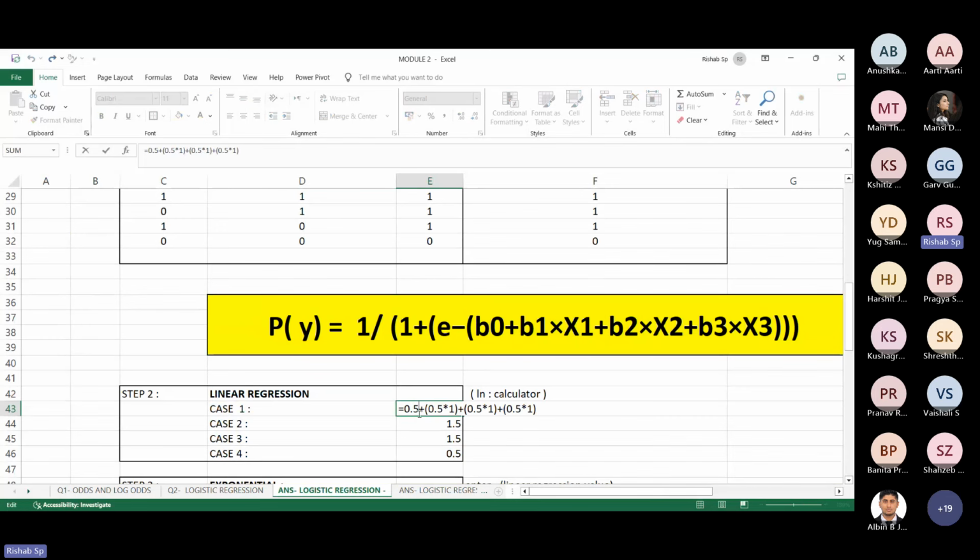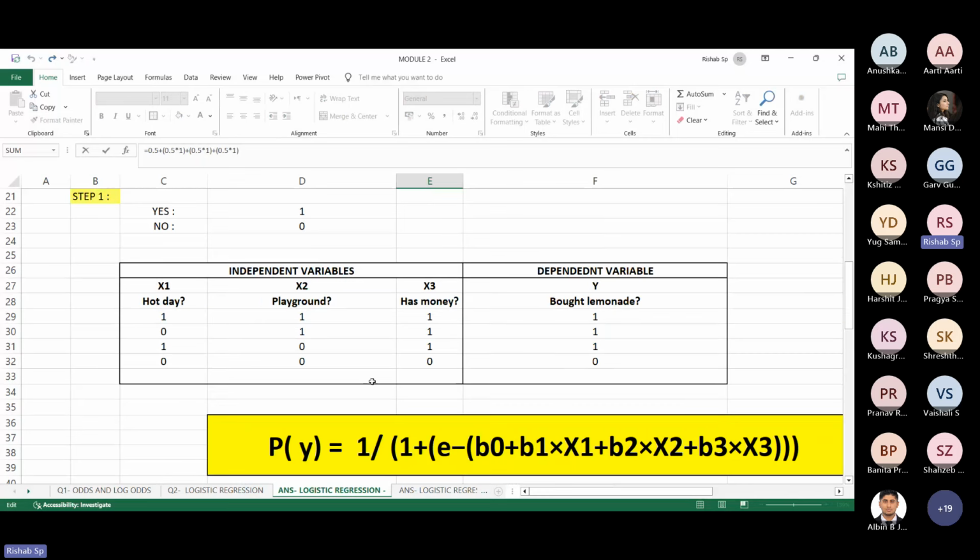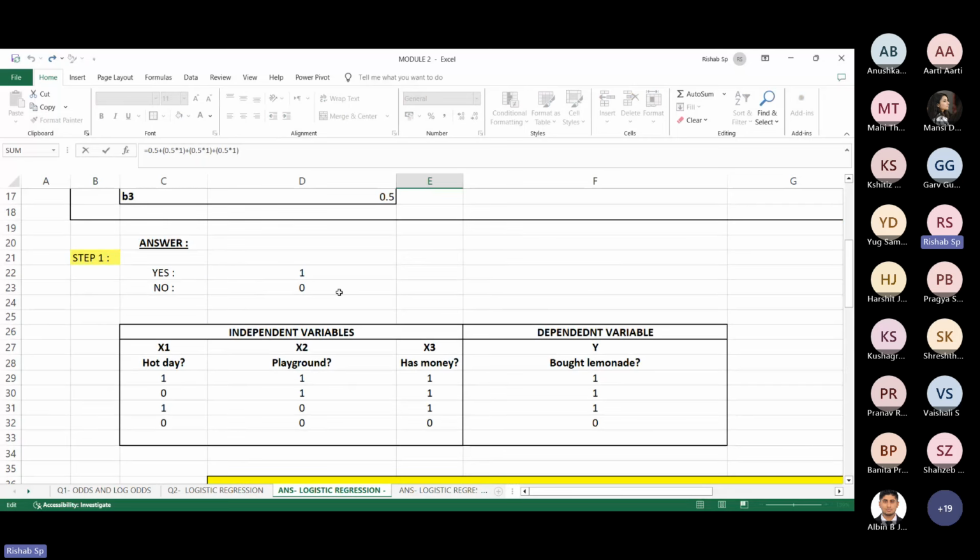What's it? 0.5, which is beta 0, plus this should also be in brackets. If you are doing it in a calculator, and the numbers are a bit complex for mental calculation, you might use brackets. So first is beta 0, already given in the question, 0.5. Beta 1, which is already given, into 1, where we converted the values in the first step.